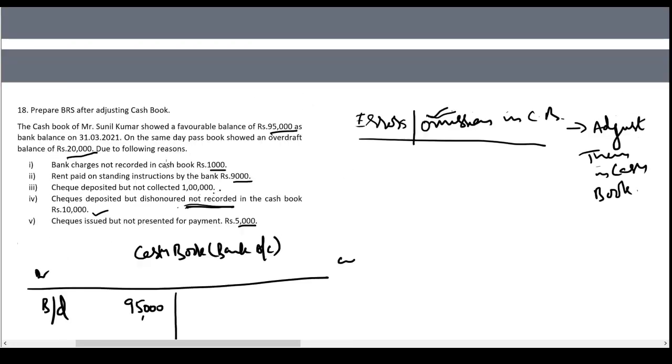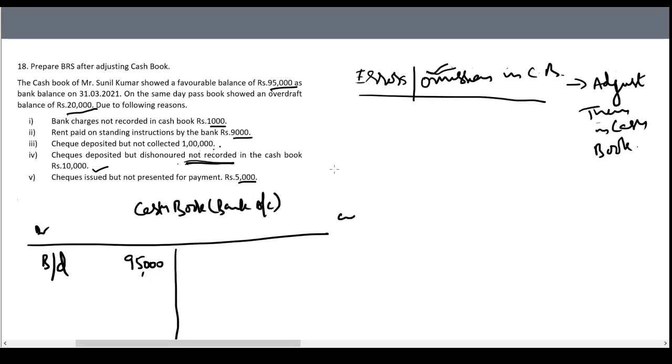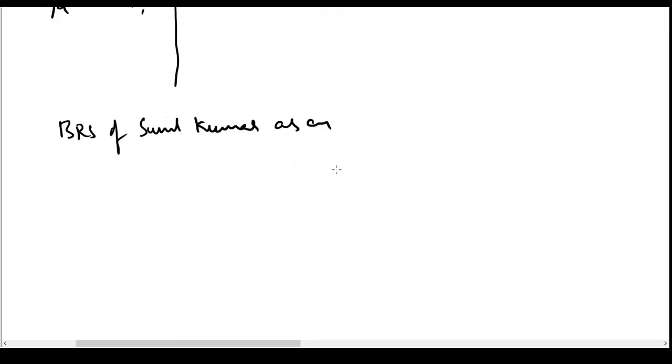BRS of Sunil Kumar as on 31st March 21. Particulars, rupees and rupees.